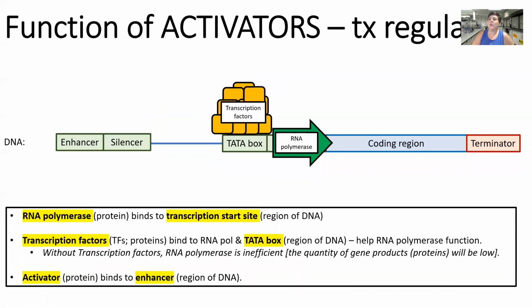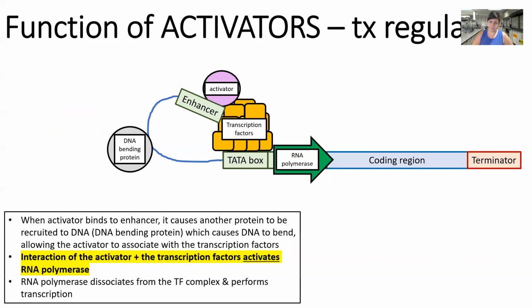So again, we have our RNA polymerase bind to the transcriptional start site, our transcription factors bind to the TATA box, and when an activator binds to the enhancer, that recruits the DNA bending protein, and then the activator is able to associate with the transcription factors.